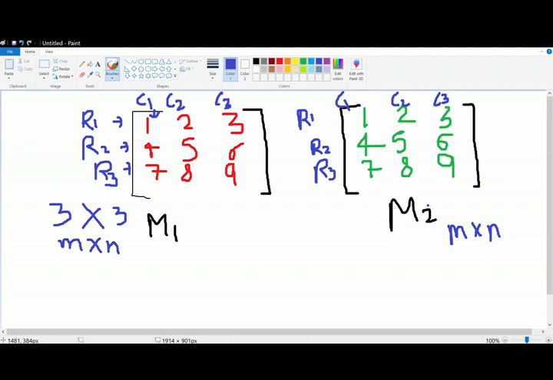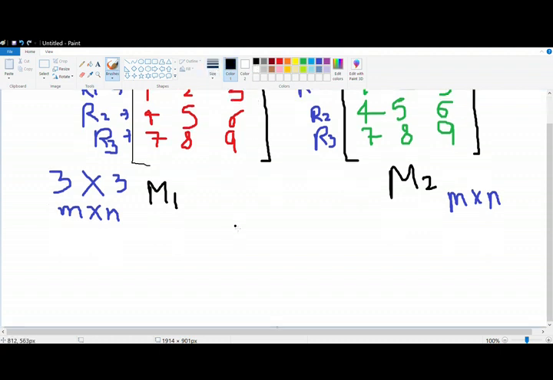So how we can add the matrices is, we just add the same element of matrix 1, row 1, column 1 element, plus the row 1, column 1 element of the second matrix. Okay, if I introduce a new matrix, suppose the addition of these both matrices is M3.